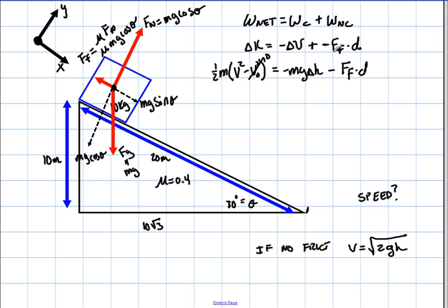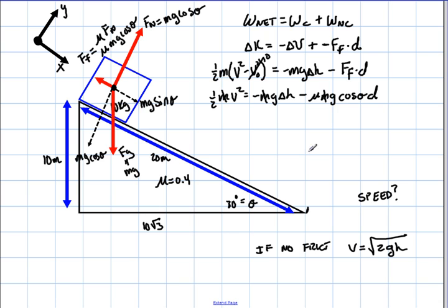So we're going to have 1/2 mv squared equals negative mg delta h minus force of friction, which is what? Mu mg cosine theta times d. Notice here that all of my masses will go bye-bye.